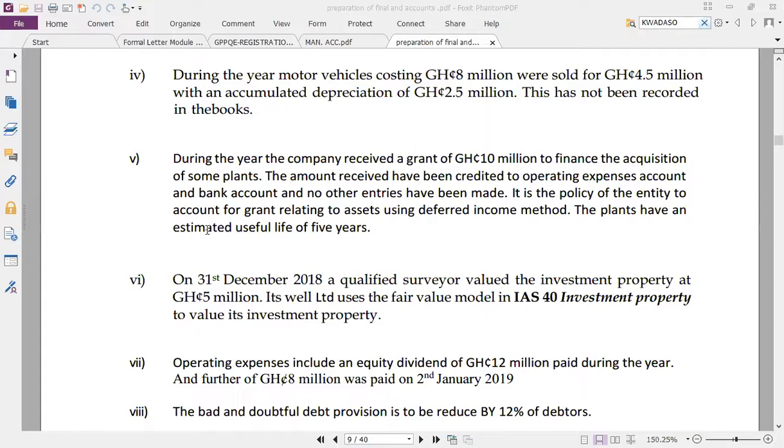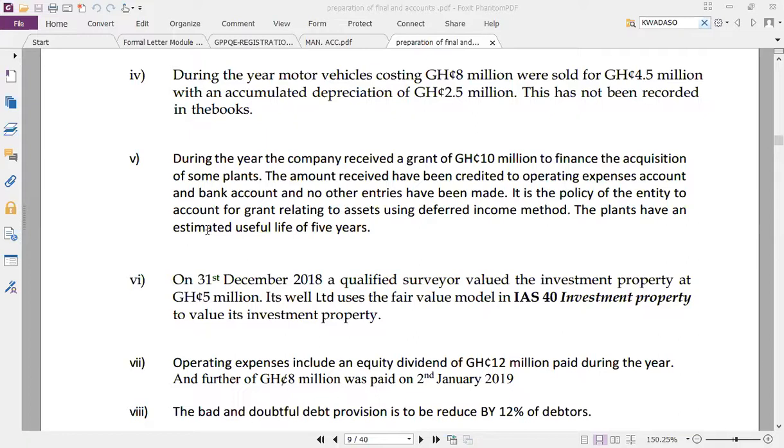That's why depreciation has to be added, because if you add depreciation to this, then it's too much. Now check the note 6. On 31st December 2018, a qualified surveyor valued the investment property at 5 million. It Well Ltd uses the fair value model, the IAS 40 investment property, to value its investment properties.